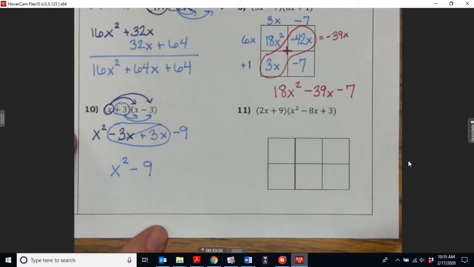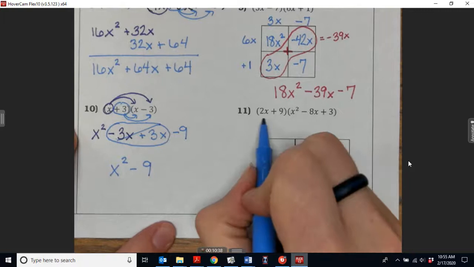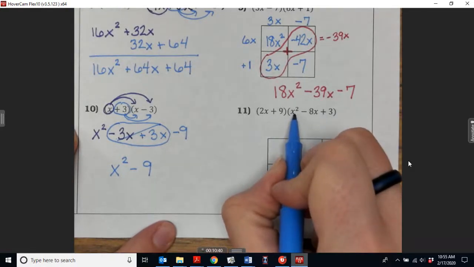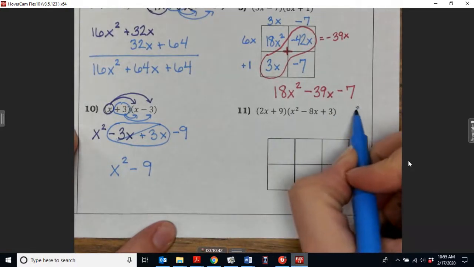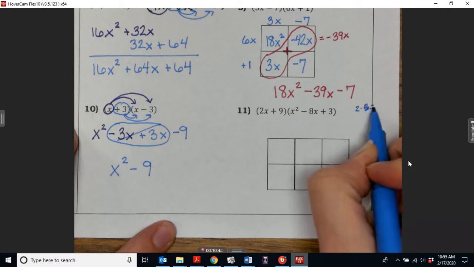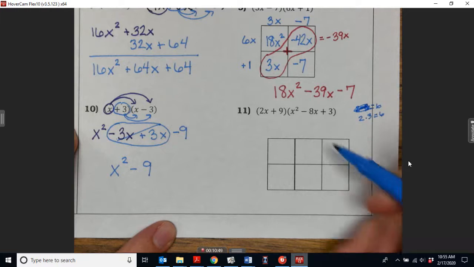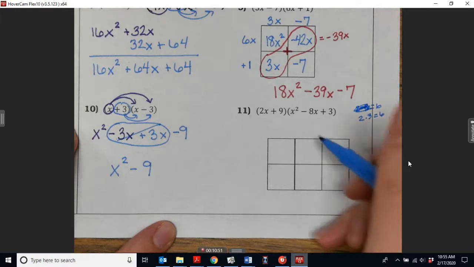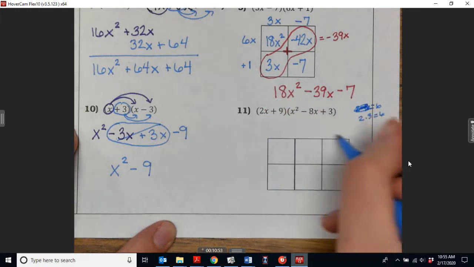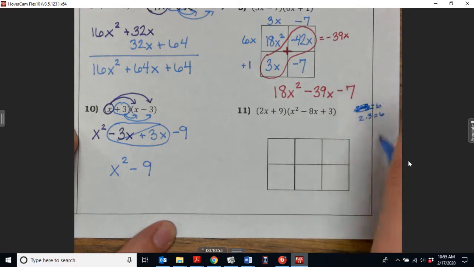And then the last one, here's where you really need to know your terms. I have 2 terms, and then here I have 1, 2, 3 terms, and 2 times 3 is 6. 2 times 3 is 6, which is why I have 6 boxes. Now I usually say to put the first one on top, but I didn't line my boxes up that way.